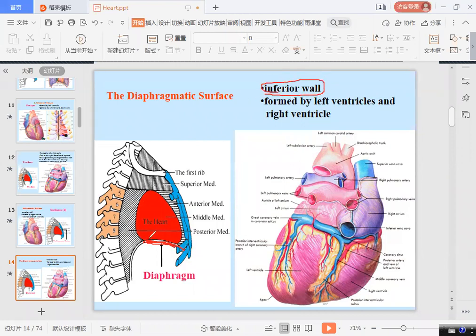When we ask which regions lie inferiorly, this is the left atrium and this is the left ventricle. But because the atrium is upward, the left atrium is not making this diaphragmatic surface. Actually it is the left ventricle and the right ventricle, because the right and left ventricles are inferior. So they make the inferior surface, or diaphragmatic surface.